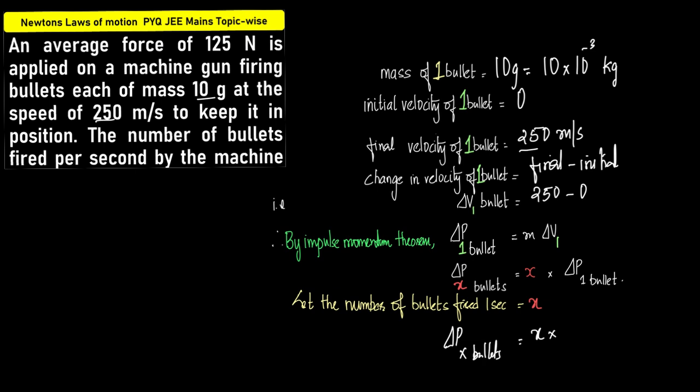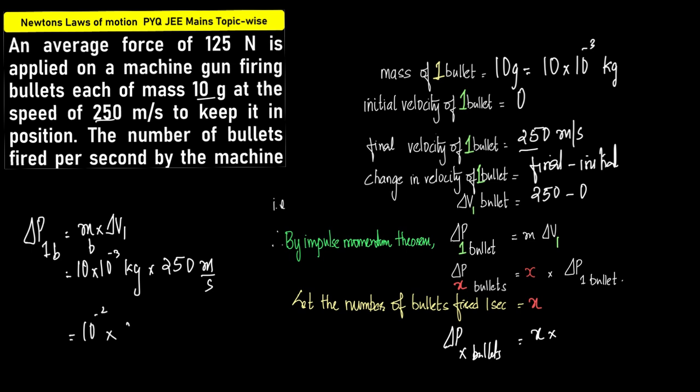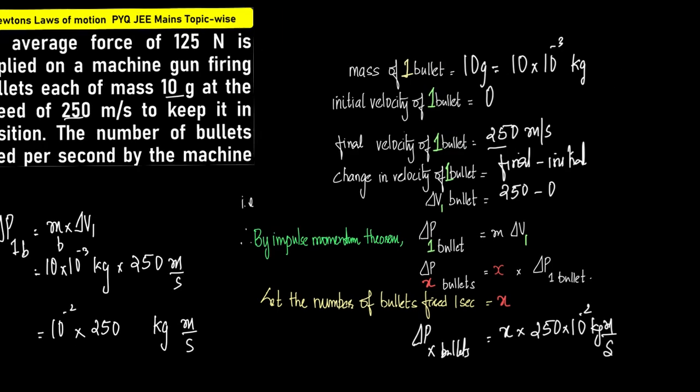Now, delta P of one bullet is equal to mass of bullet into delta V of one bullet, which is 10 into 10 to the power minus 3 kilogram into 250 meter per second, which is 250 into 10 to the power minus 2 kilogram meter per second.